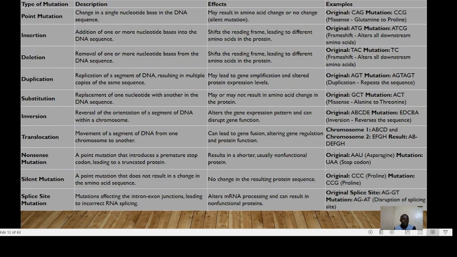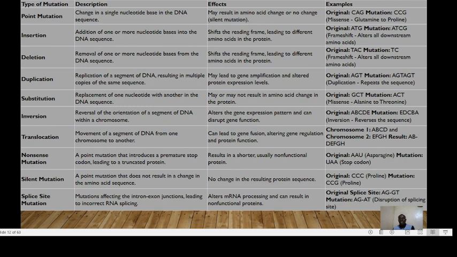When you look at types of mutations, we have point mutations, insertion mutations, deletion mutations, duplication, substitution, inversion, translocation, and the nonsense mutation, silent mutation, and splice site mutation. So the point mutation does change a single nucleotide base in the DNA sequence. As a result, it may result in an amino acid change or no change, which is what we commonly refer to as silent mutation.